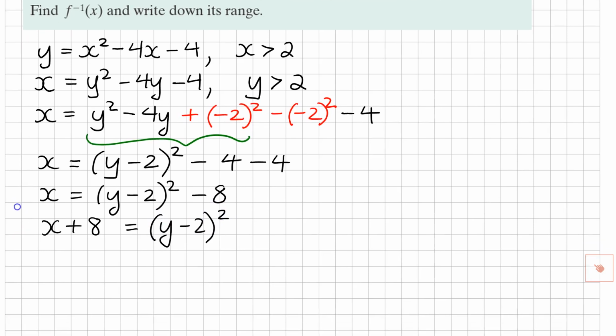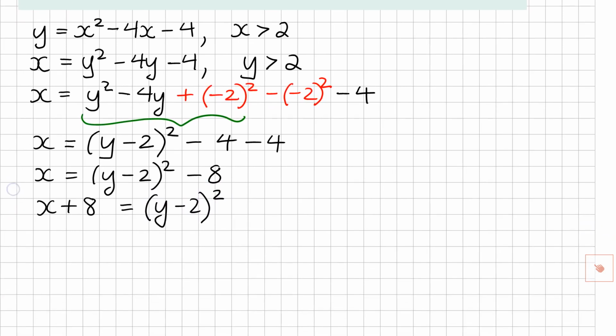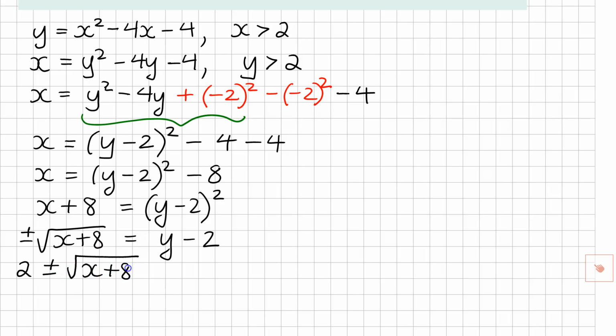Next thing we need to do is get rid of the squared, so that will get the square root. And remember, when we get the square root, we have to go plus or minus, equals y minus 2. And now finally our minus 2 needs to be removed, and we'll get 2 plus or minus the square root of x plus 8 equal to y.